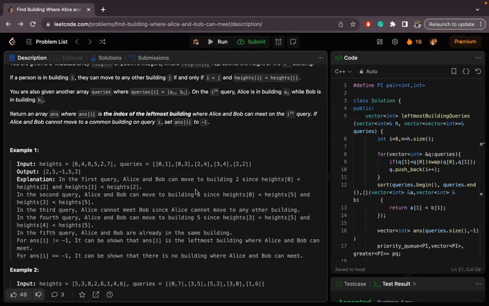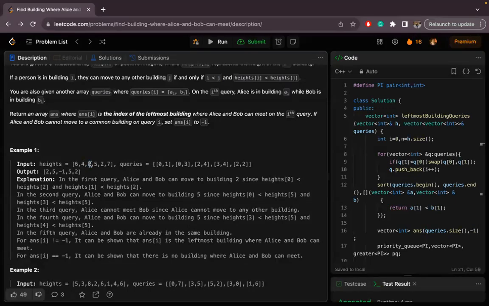So you have to remember that for two given indexes, you have to find the indexes greater than the larger index, or the same as the larger index. For example, if you're finding for 6 and 8, where can they meet? Can they meet at 6 or 4? No. Why? Because 6 and 4 are the indexes where the person at the larger index cannot move.